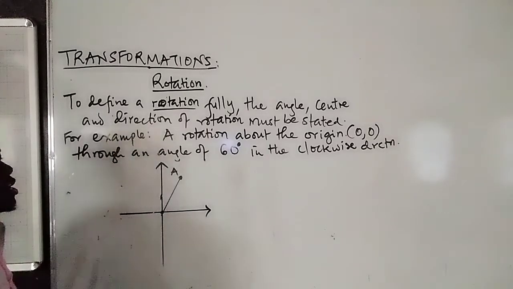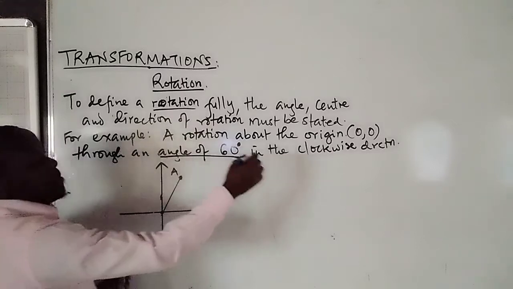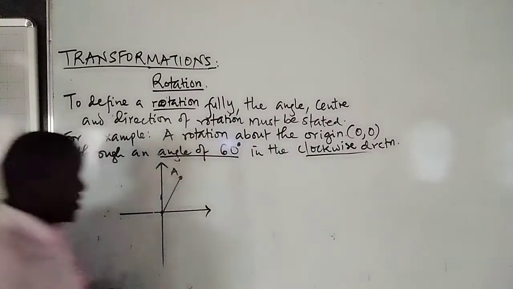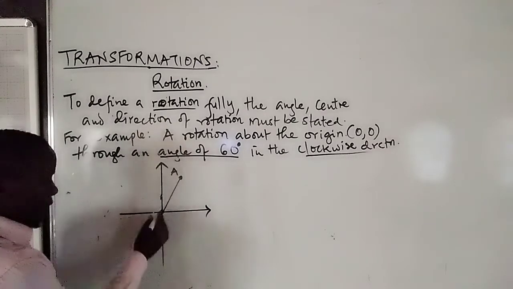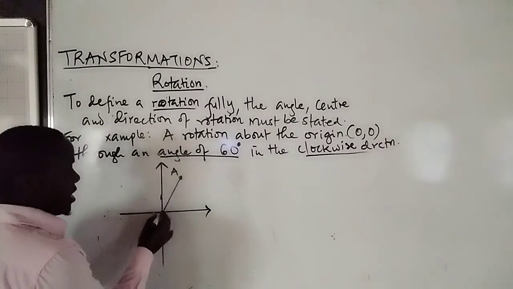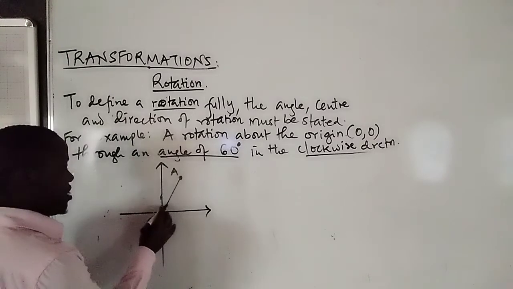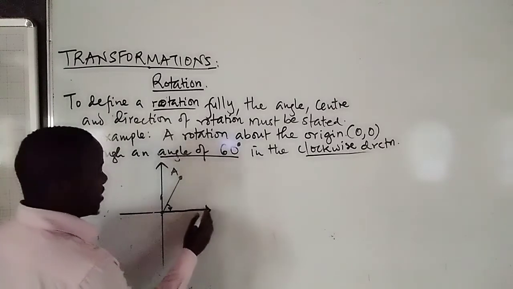Then after that, you measure the angle of rotation in the mentioned direction. When you arrive at the center, in the clockwise direction, it is this direction. Therefore, you will measure 60 degrees in the clockwise direction.